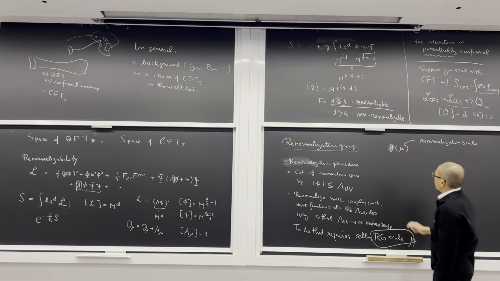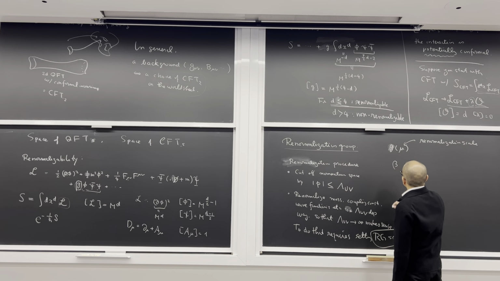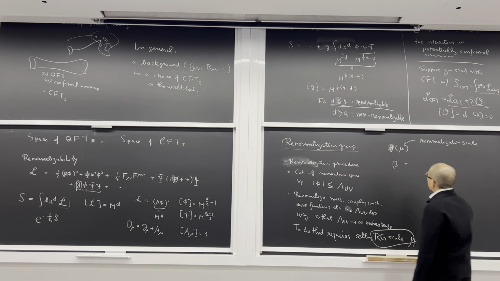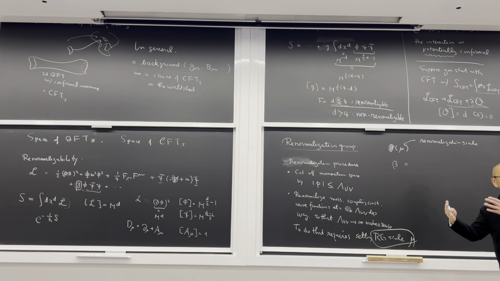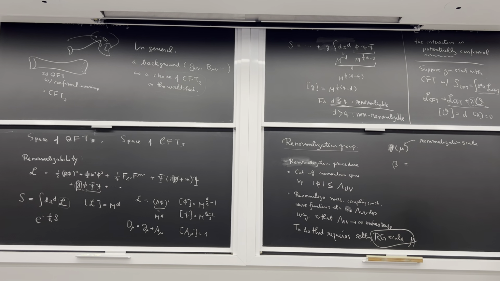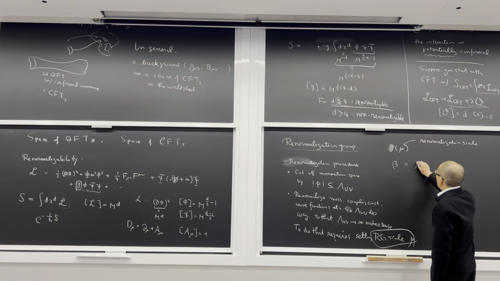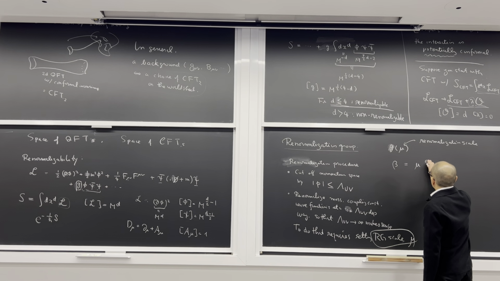And so the beta function, which characterizes how the scale dependence after renormalization works, is a logarithmic derivative of this coupling constant with respect to this scale.